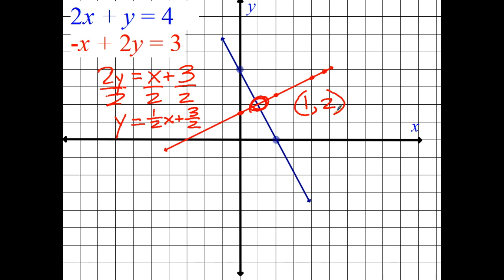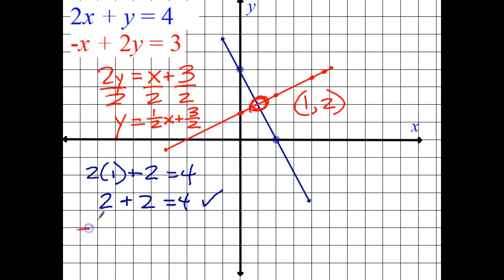Okay, and what we should do is plug that in. So 2 times 1 plus 2 is equal to 4, right? In order to maintain some consistency, let's make that blue. Then we check to see if this works. So I've got 2 plus 2 equals 4. That one checks out. Let's try the red one with 1, 2.